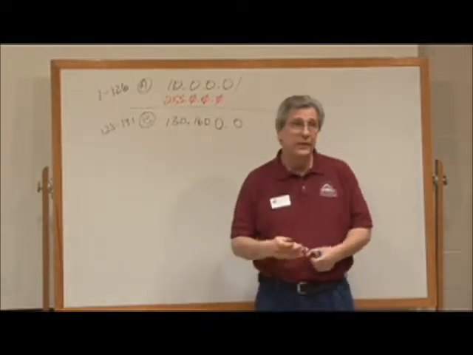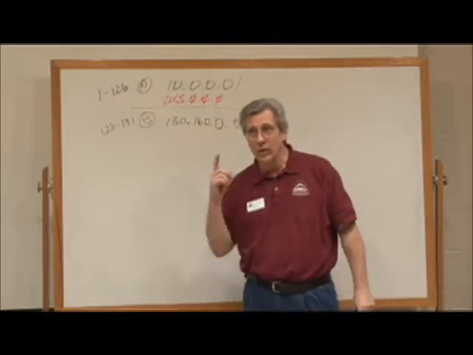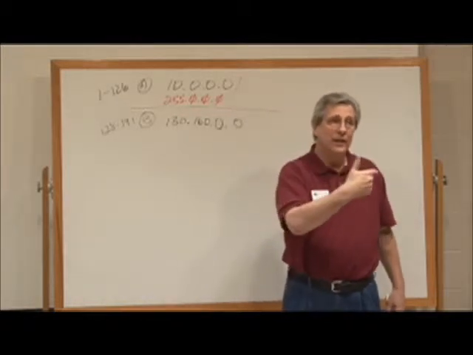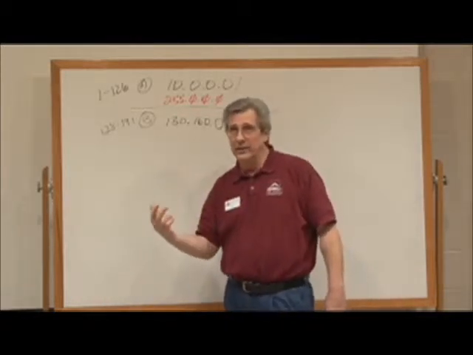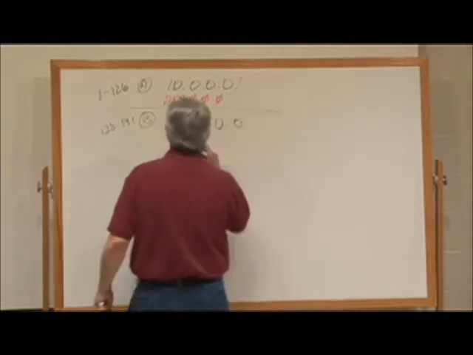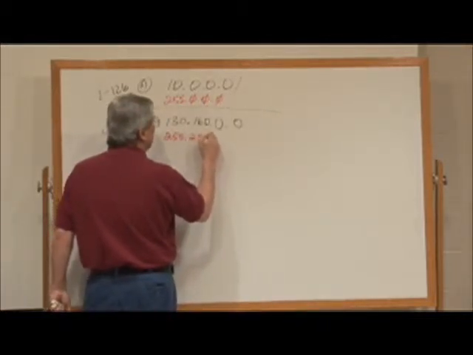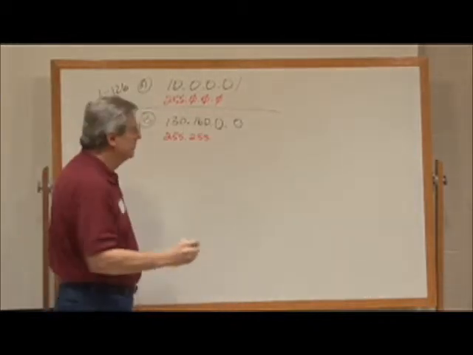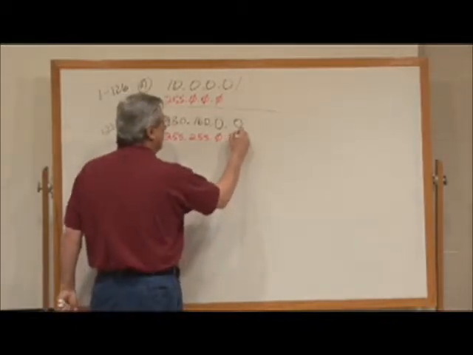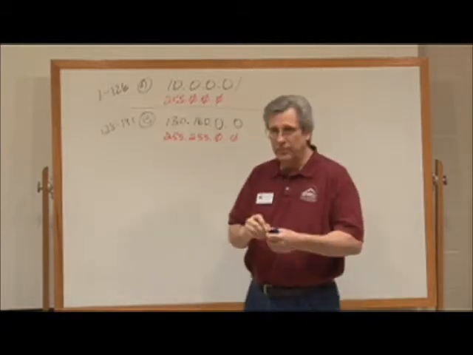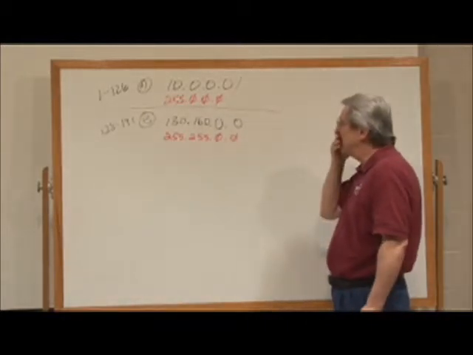Okay, my subnet mask is going to change because remember, binary ones represents the network portion. Binary zeros represents the node portion. So my subnet mask is changed.